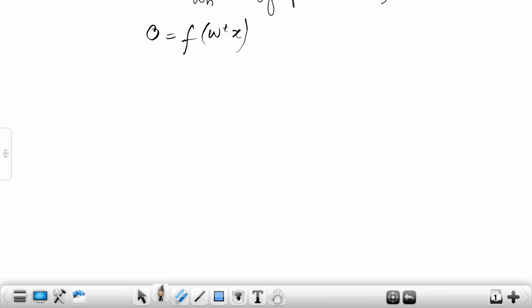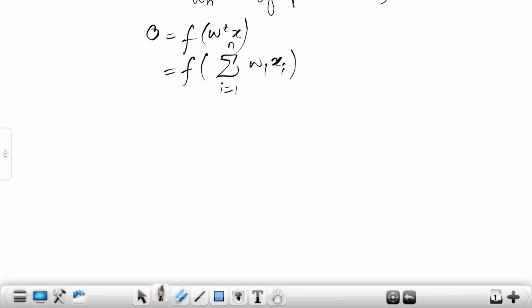Basically, w^T is the transpose of the weight vector. So it is f of the summation, i going from 1 to n, because there are n weights and n inputs, not just one weight and one input. That's why we have w_i x_i: f of the summation from i equals 1 to n of w_i x_i.